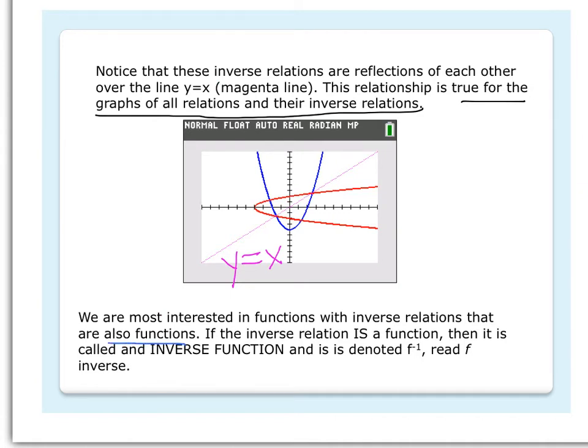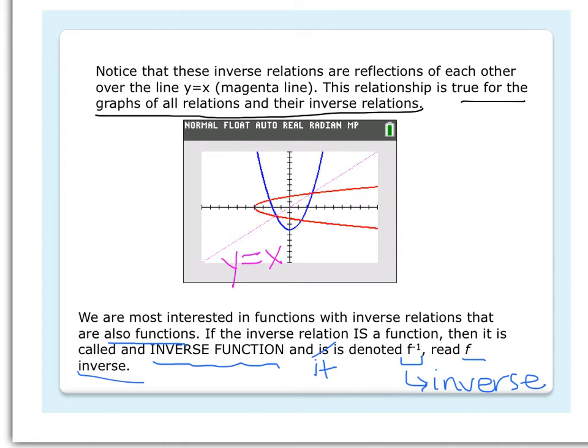If the inverse relation is a function, then it is called an inverse function, not an inverse relation anymore. And typo here, it is denoted f of negative 1. This right here is the symbol for the inverse of f, and it's read f inverse. That little symbol f with a negative 1 means inverse. And if you had g with a negative 1, then it would be the inverse of g.